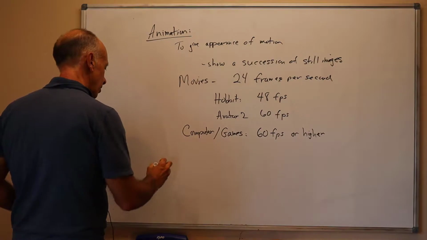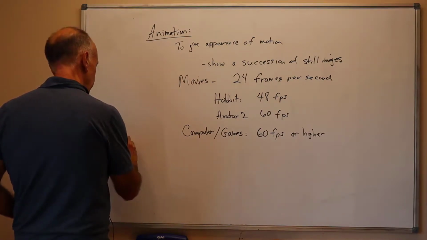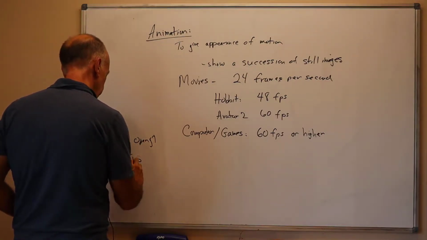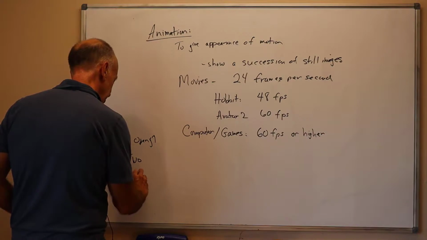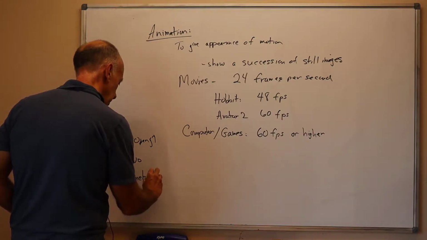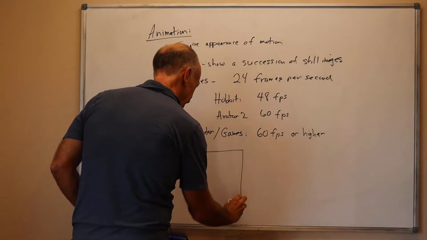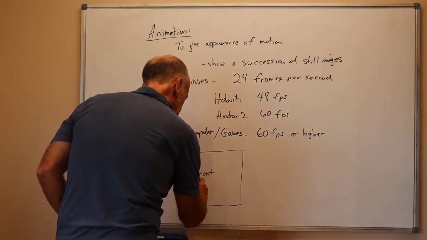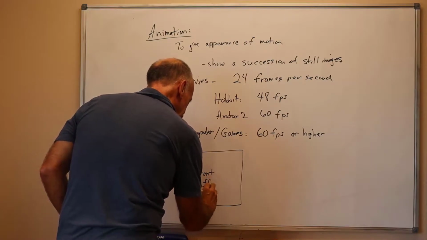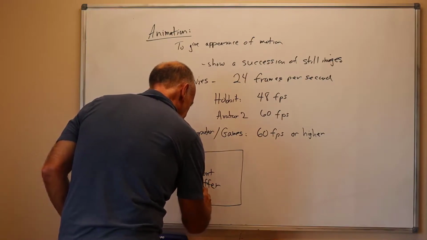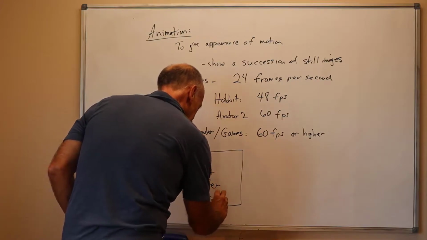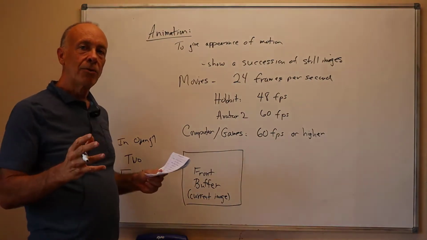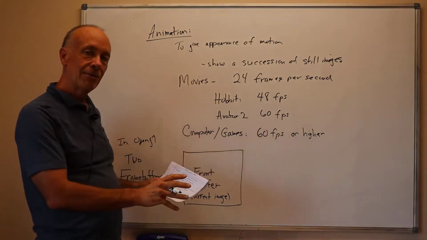So the way this is done on the computer is in OpenGL, we maintain 2 frame buffers. A frame buffer means a buffer where we write an image. There'll be the front buffer, which I'll draw sort of as a rectangular thing. And this is the current image being displayed on the monitor or wherever. So as we're animating a scene, we render a scene at one point. It's in the front buffer, and that's what the user's seeing.